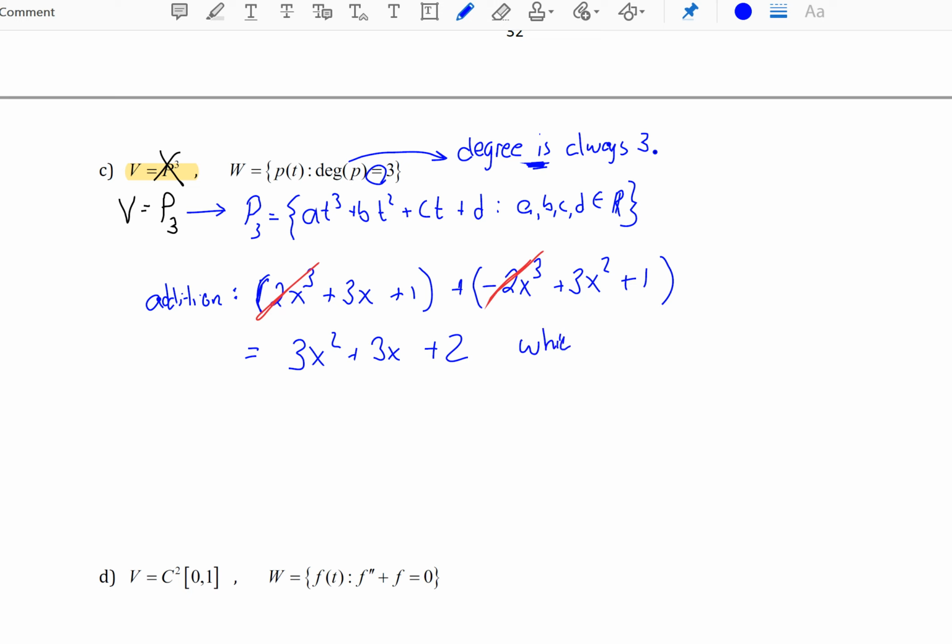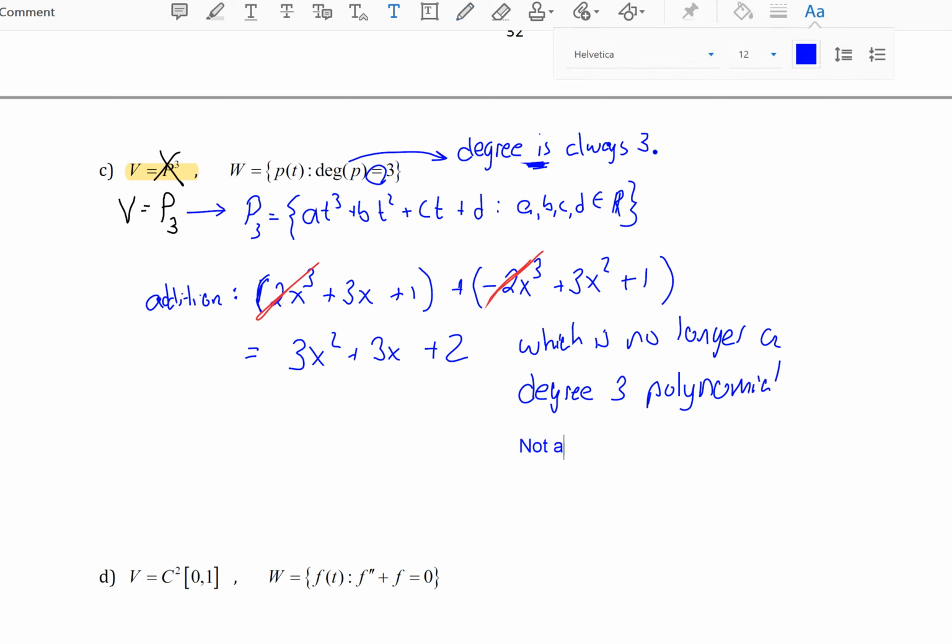Notice that this is no longer a degree 3 polynomial. And since it's not a degree 3 polynomial, we could also probably say this is not an element of W anymore.